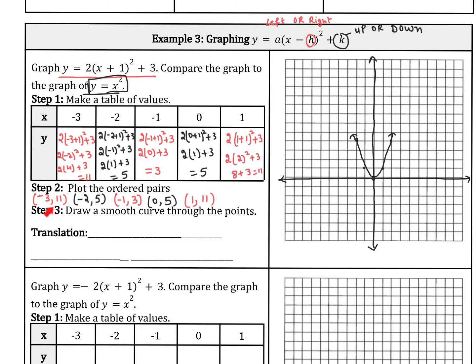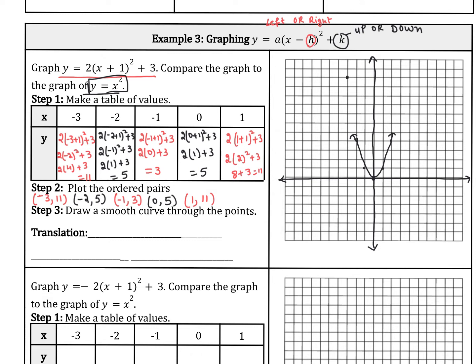The first point I have is -3 comma 11. So that is going to be 1, 2, 3, 4, 5, 6, 7, 8, 9, 10, 11.